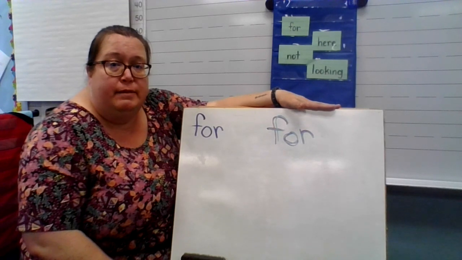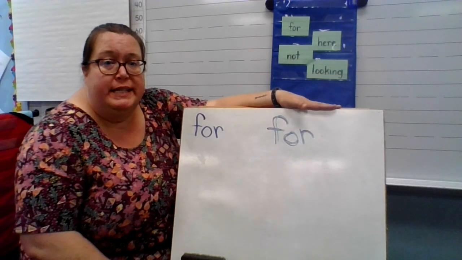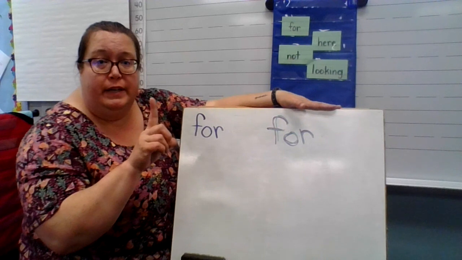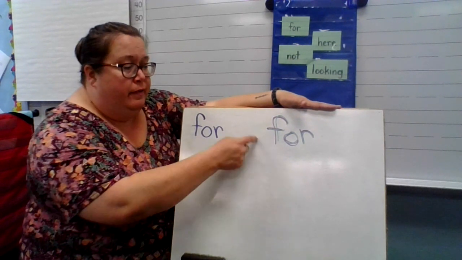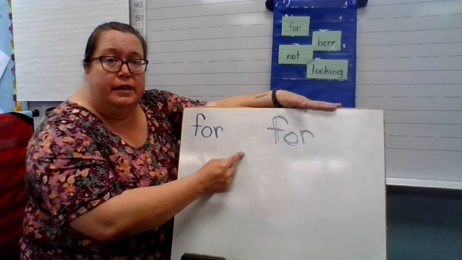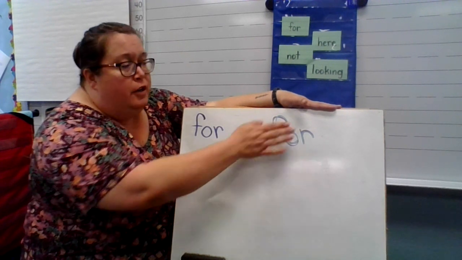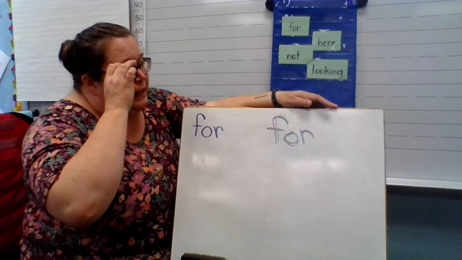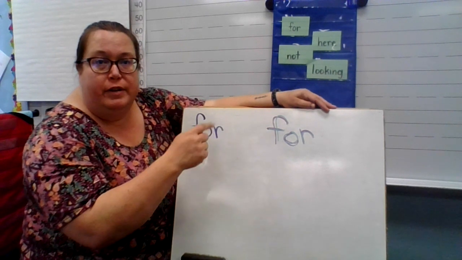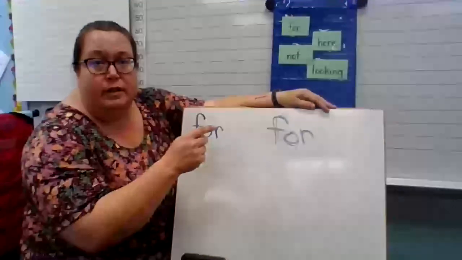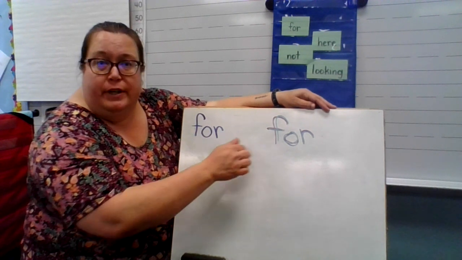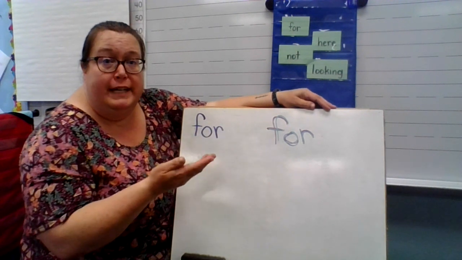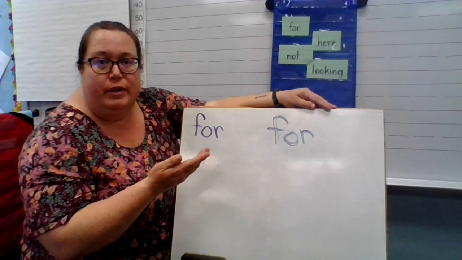Now, if you have it written 3 times, what we're going to do is trace it 3 times with our finger, because I want your fingertip to feel the letters being made. You're going to go right over what you just did. If you have a piece of paper, you're going to go right over the crayon or marker that you used. If you have a whiteboard like I do, you can go right over it. Just know that it will erase with your finger, and that's totally okay.